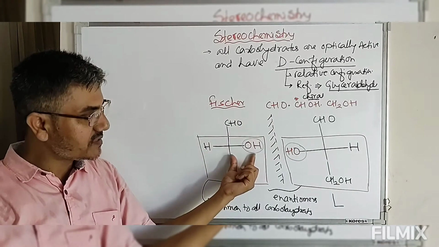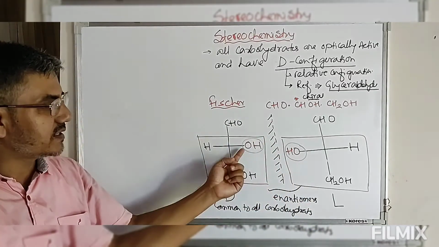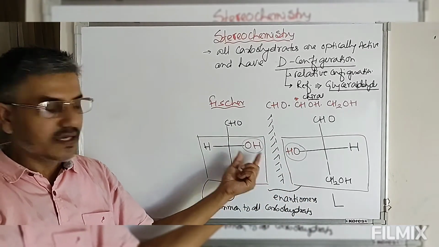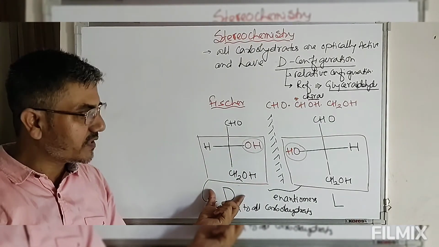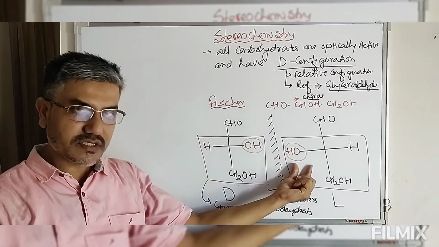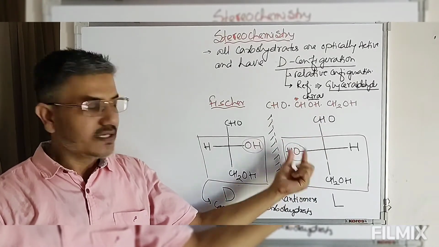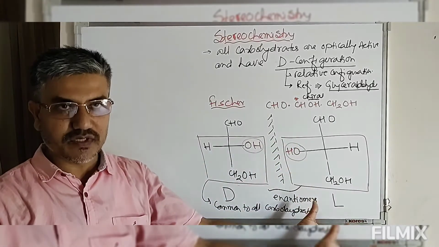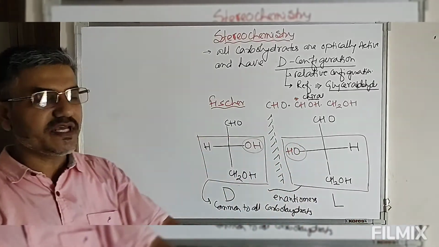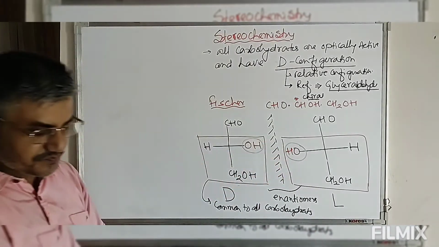If the OH at the highest chiral center is on the right hand side, then that isomer is known as capital D isomer. If the OH at the highest chiral center is on the left hand side, then it is known as the L isomer. So this is simply based on the configuration of this chiral center.